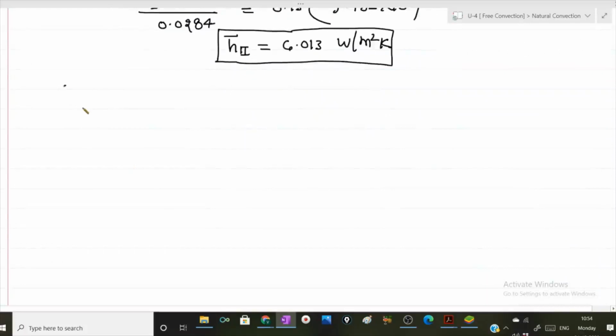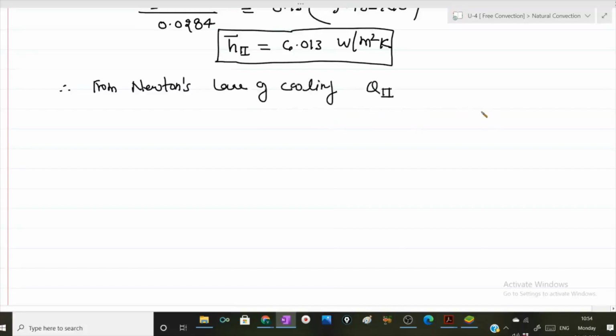Therefore, the heat transfer rate, from Newton's law of cooling, I can calculate Q2 as 6.013 into 0.6 by 0.6, which is the surface area, and the temperature difference is 74 minus 30.